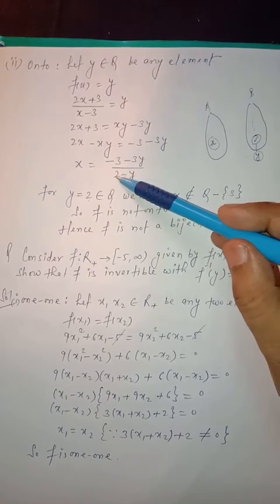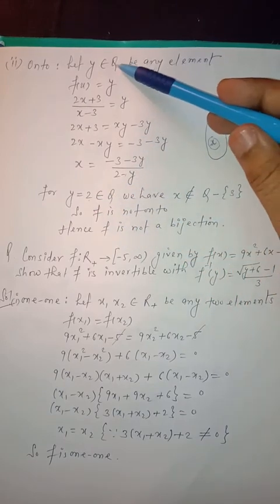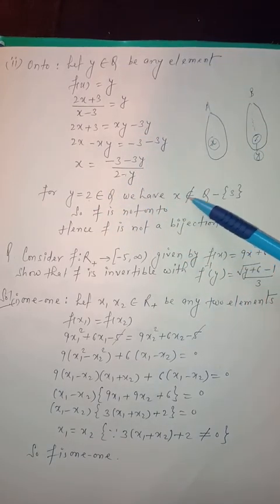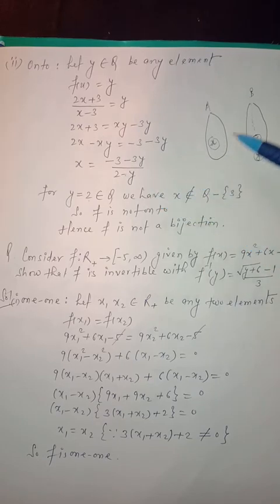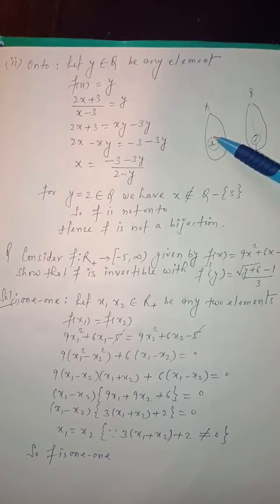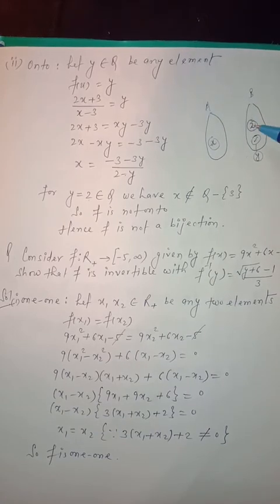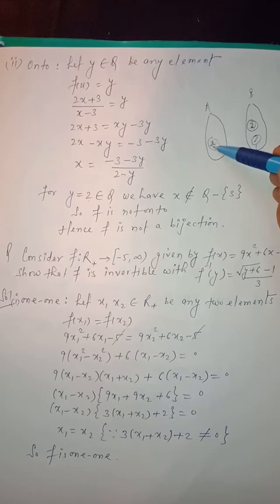So when y is 2, or 2 belongs to Q, we have x does not belong to set A, because for every element there must be a pre-image, means for every element there must be an x in set A, but here there is an element 2 which has no x in set A.